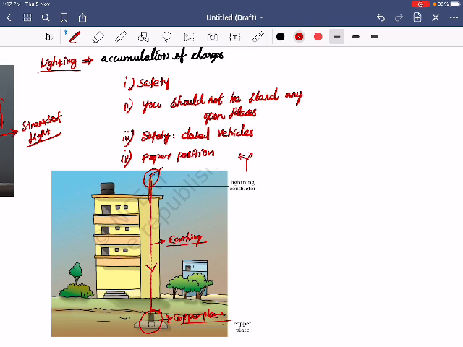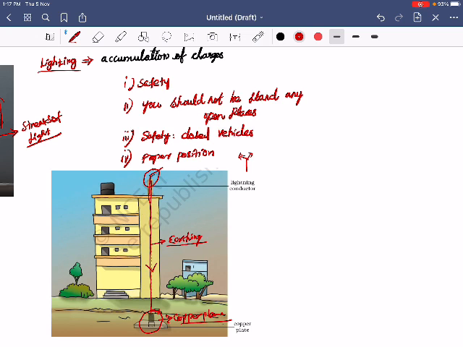So this is the concept of the lightning conductor. Majorly in cinema halls and on top of buildings, if you have seen, the lightning conductor is used simply to protect from damage.